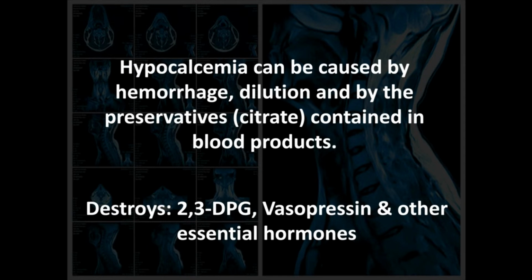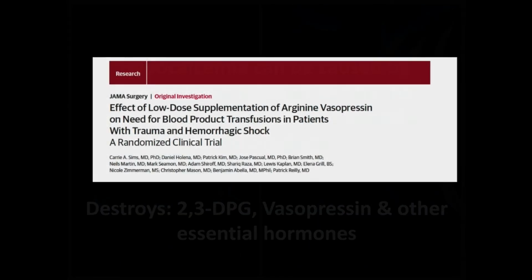and have normal function. Not only that, we've seen in the different trials out there, the AVERT trial, specifically Dr. Carrie Sims, showed that vasopressin levels were at their lowest based on these massive transfusion protocols.